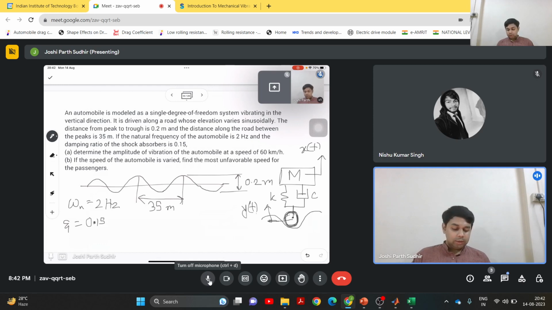So for that, let us write down the equation of motion. So before that, we have to find out what is the frequency of excitation ω.